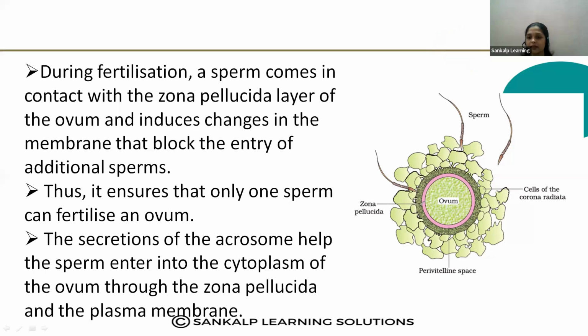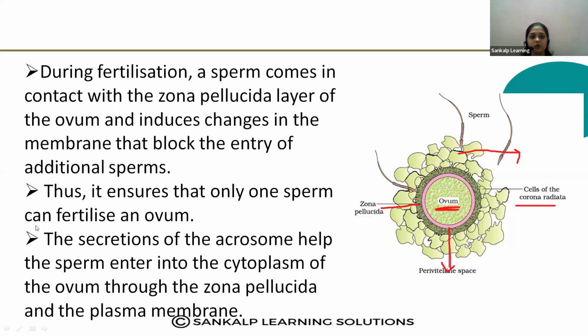Here you can see the zona pellucida layer, and this is the corona radiata. These are the cells of the corona radiata, and inside this membrane the ovum is present. This space is called the perivitelline space.